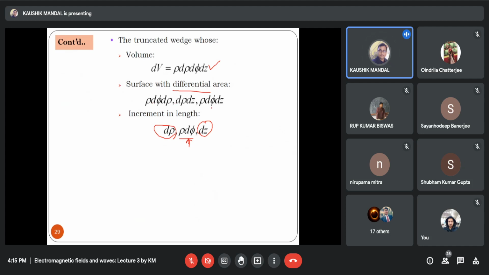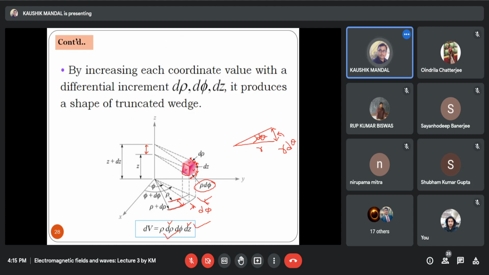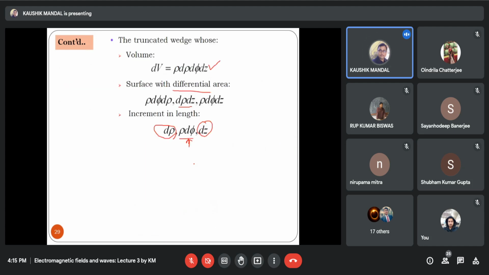Next, what about this particular surface? One is d rho, another is rho d phi. So it will be rho d phi into d rho. Rho d phi into dz. So similarly, you can find out the other surface area.